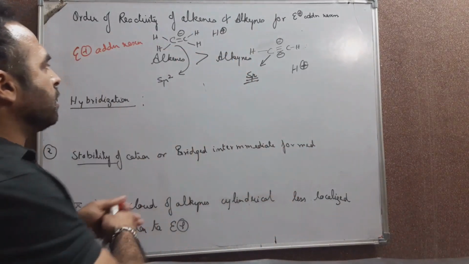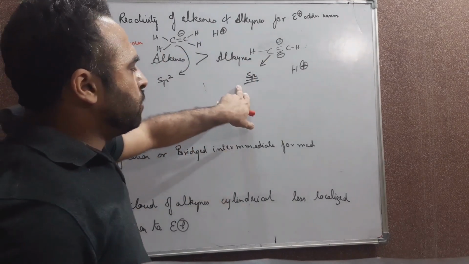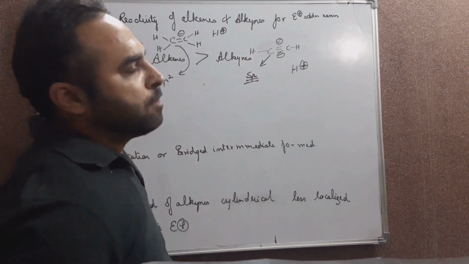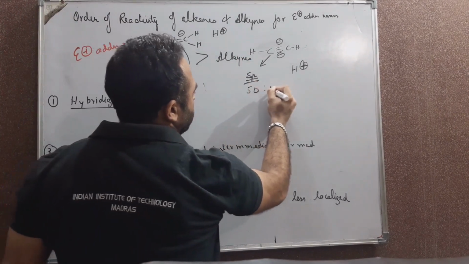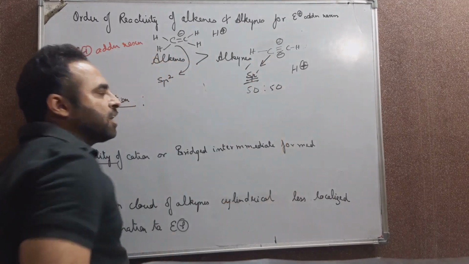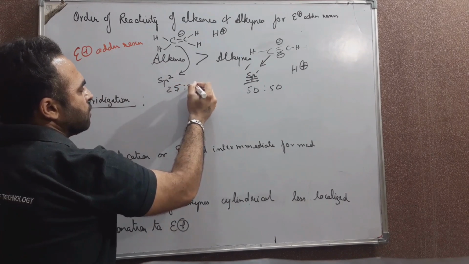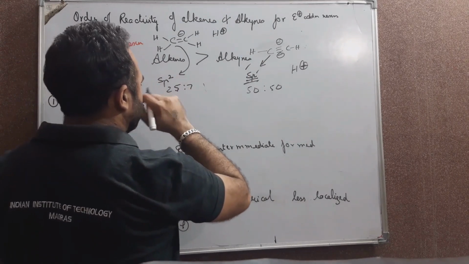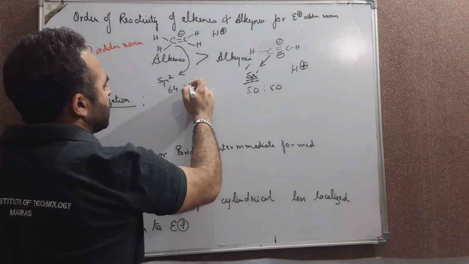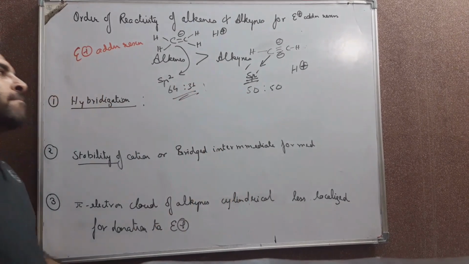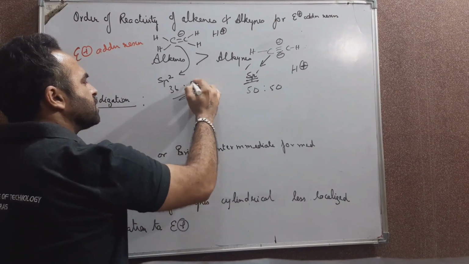In the sp hybridized orbital, the percentage of s character is around 50%. 50 is s character, 50 is p character, and here it is 33 and 67. Here the s character is lower and the p character is higher.